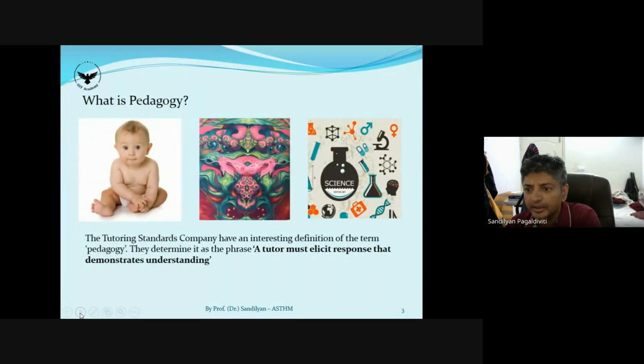Anyone? Way of sharing information in an understandable way. Excellent, Giri Prakash. Thank you. Anybody else? I can see that there are about 31 participants, so I expect at least 4 or 5 responses. Anyone else?